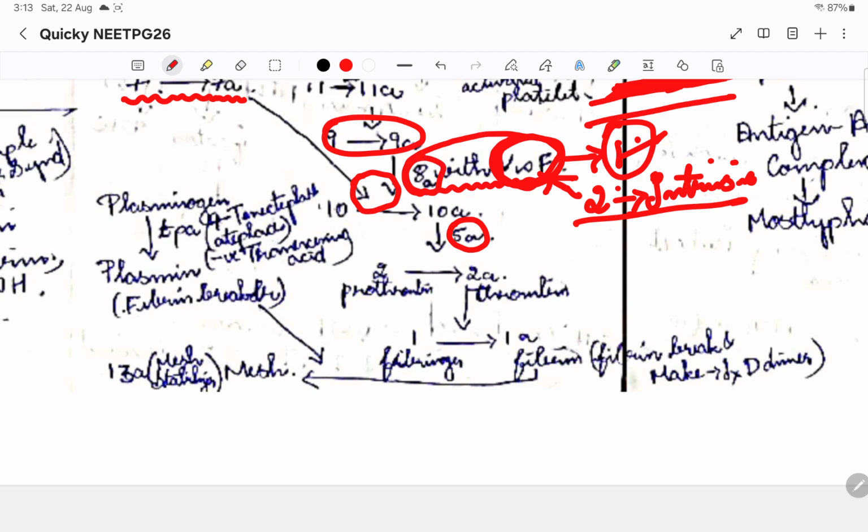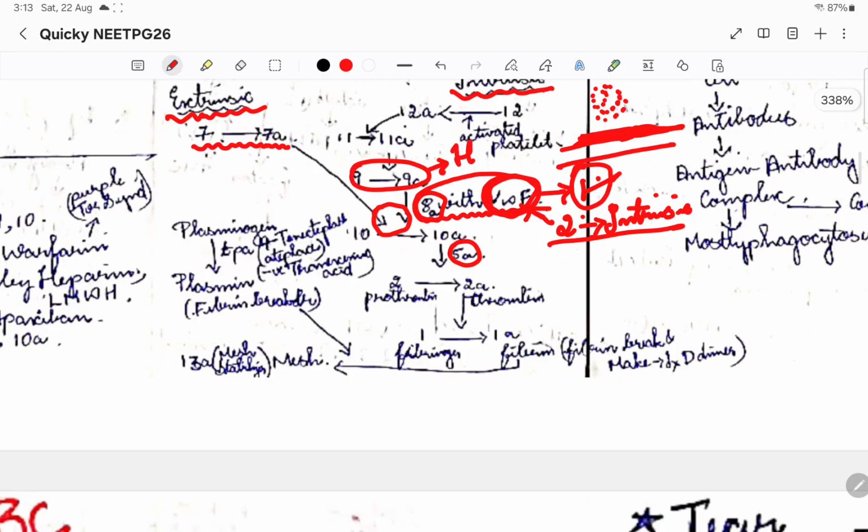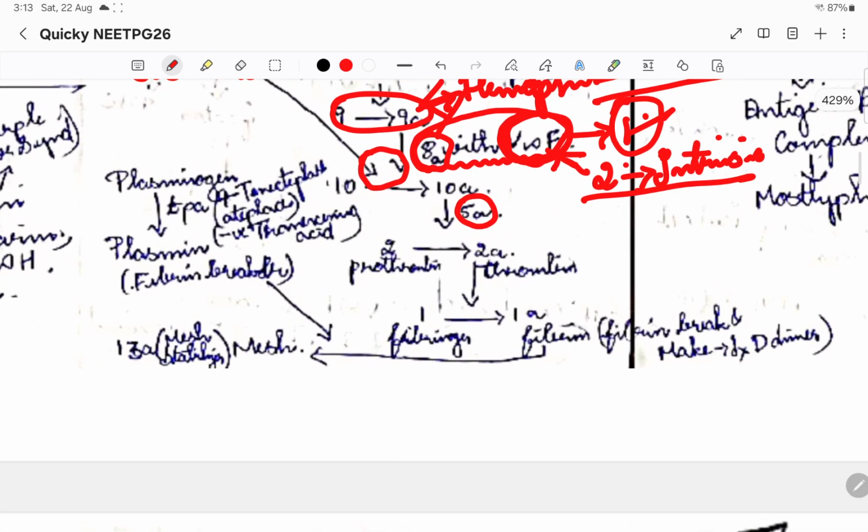If these factors are not there, you know the famous hematological disorder, hemophilia. Hemophilia will occur because of factor 8 and factor 9 deficiency.